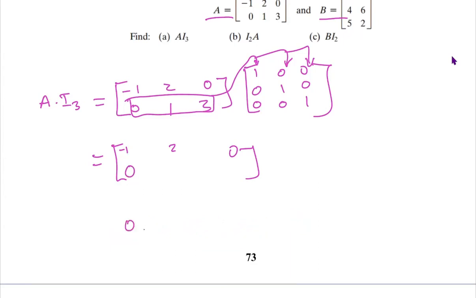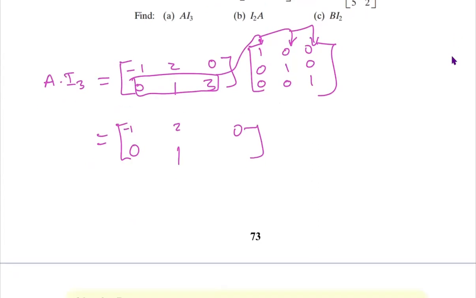That is 0 times 0, plus 1 times 1, plus 3 times 0, that's 1. And then finally, the third column: 0 times 0, plus 1 times 0, plus 3 times 1, that equals 3. So that's the same matrix A that we started with. We multiply by I3. We did not expect anything different from the same matrix.